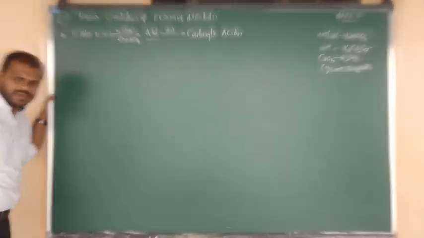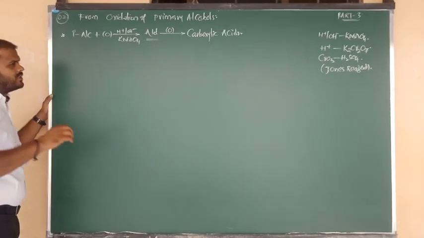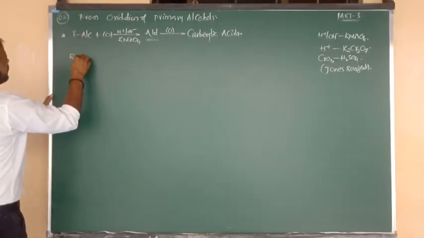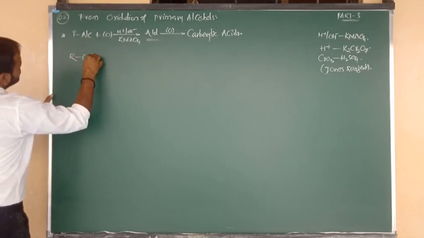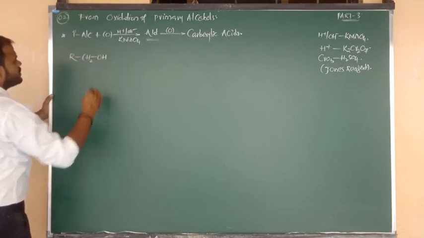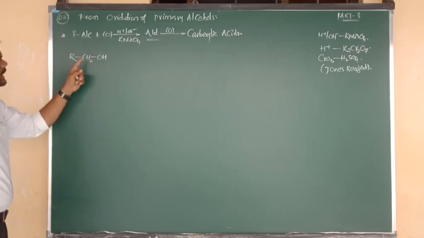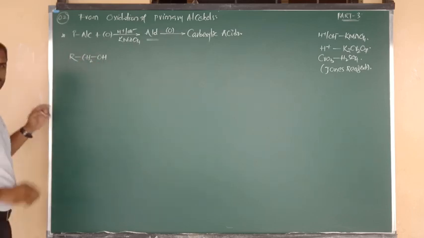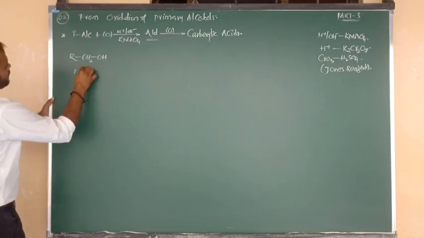Now for that statement, let me write one general equation. The general formula of primary alcohol is R bonded to CH2, and CH2 bonded to OH. The OH is connected to a carbon, and the carbon is connected to only one alkyl group. This is the formula of a primary alcohol.